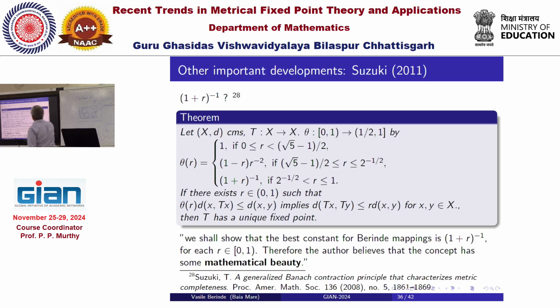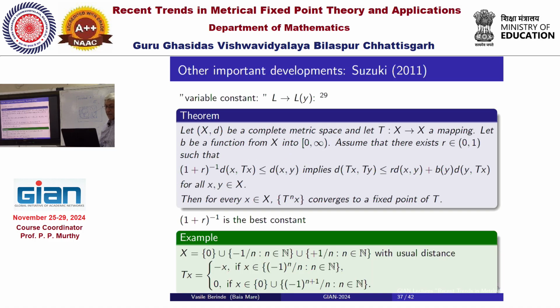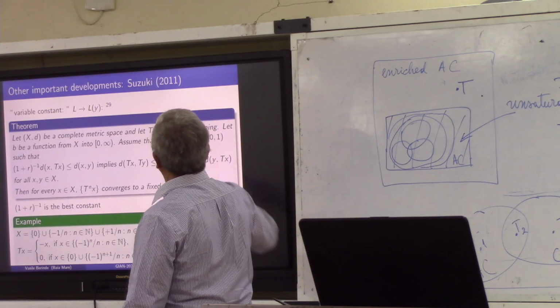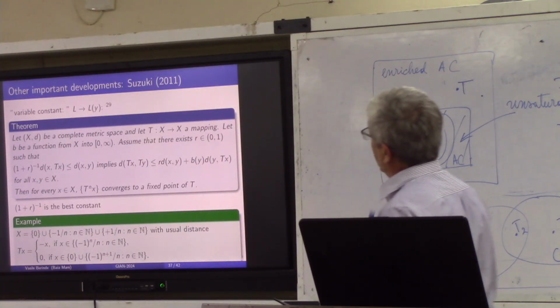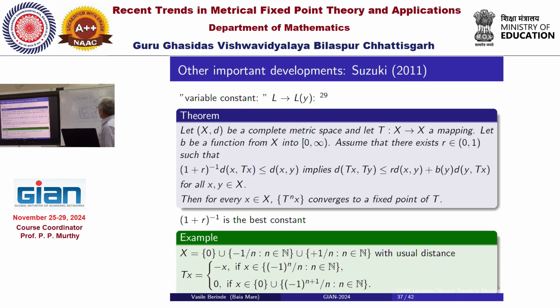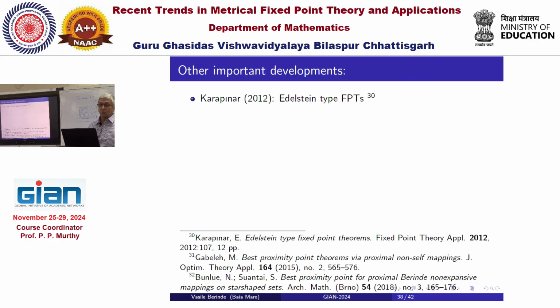He published another paper and called these mappings almost contractions, Berinde mappings, and he succeeded to show that this constant L I put here can be a function of y. His result is very nice, and he also provided an example showing that this class of almost contractions is more general than the usual almost contraction.